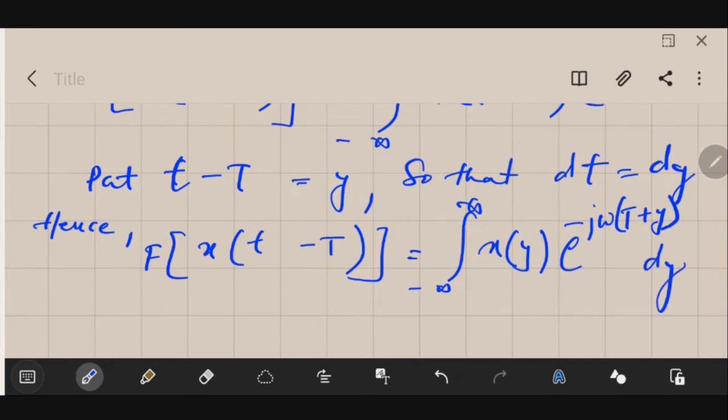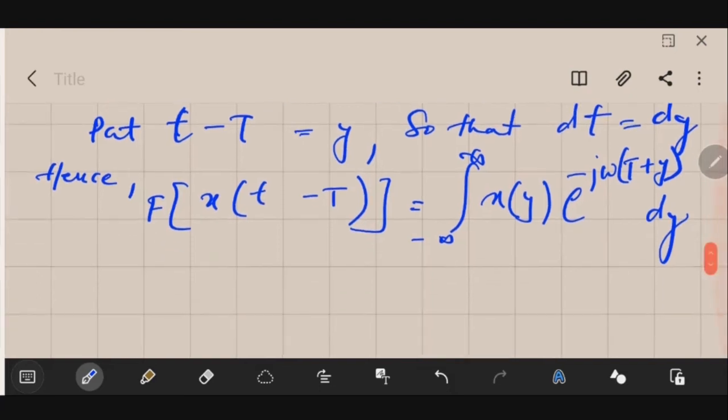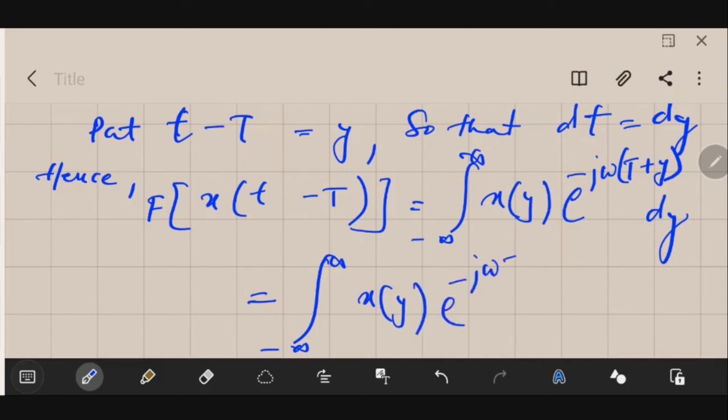Now what I will do is, since e to the power minus j omega (capital T plus y) is there, I will separate it into two different terms. So that will be the integral from minus infinity to infinity of x of y, with e to the power minus j omega capital T as one term and e to the power minus j omega y as the other, dy.